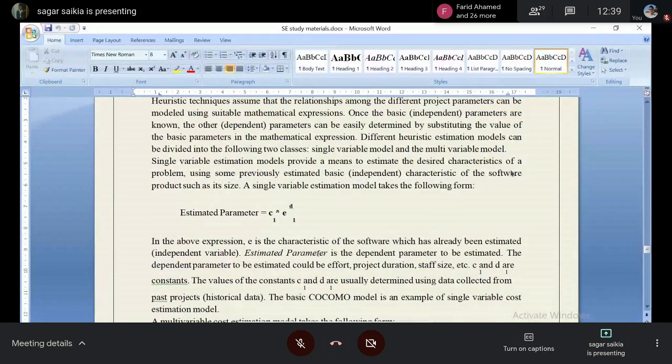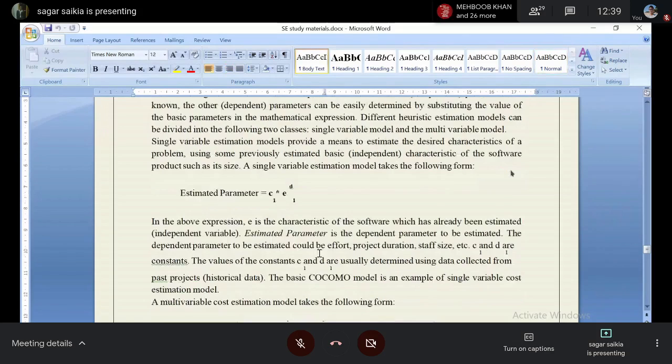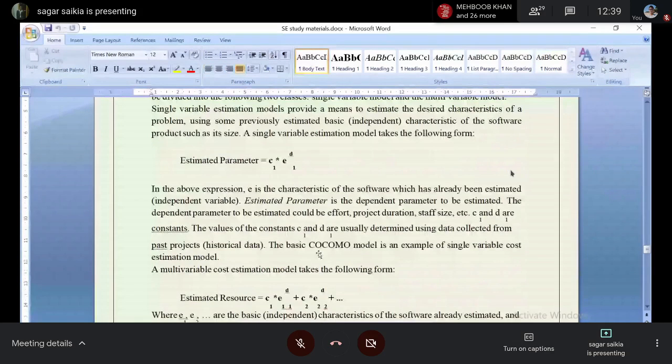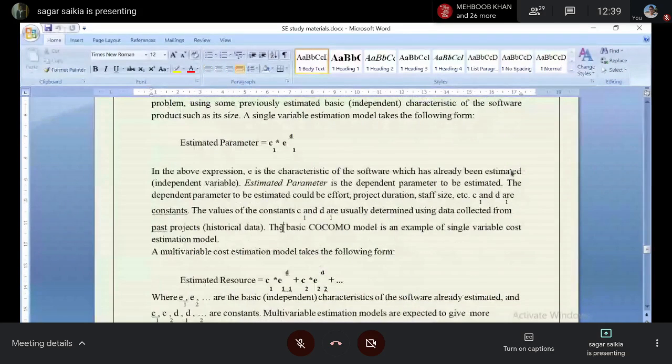It's a dependent parameter whose estimation gives us the effort, the time duration of completion of the project, and how many resources we would be using. C1 and D are fixed values, and they are computed from past historical data.